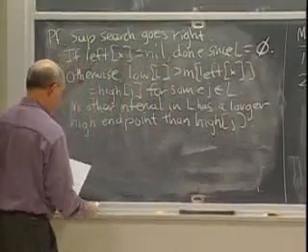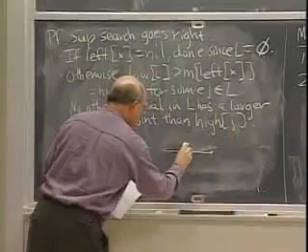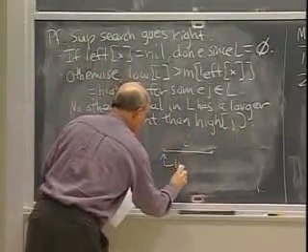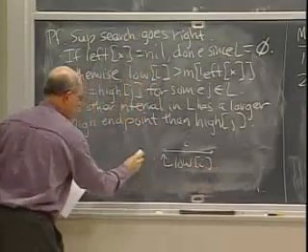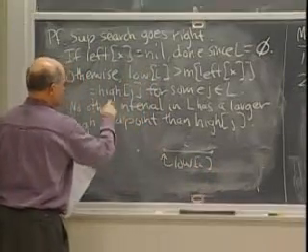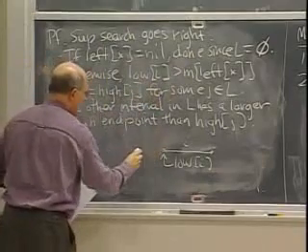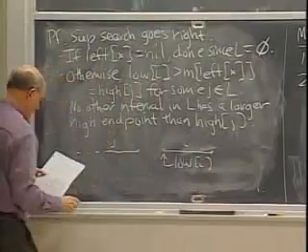So if I draw a picture here, I have I, and this is the low of I. And I have j, where we say its high endpoint is less than the low of I. So this is j, don't know how far over it goes.